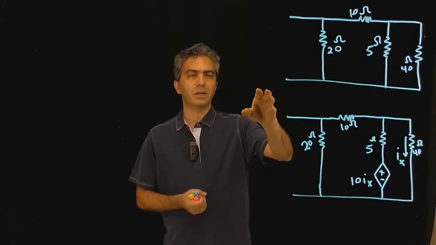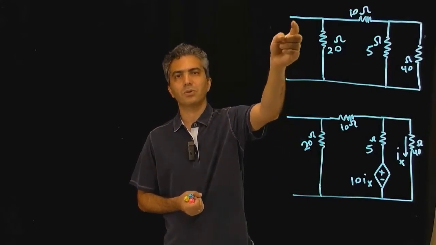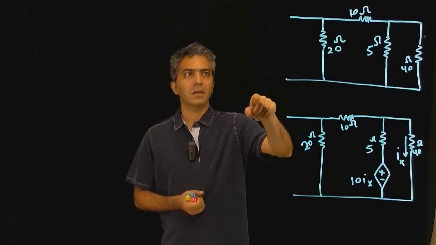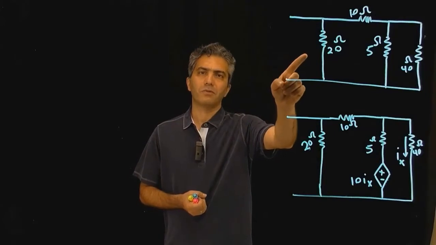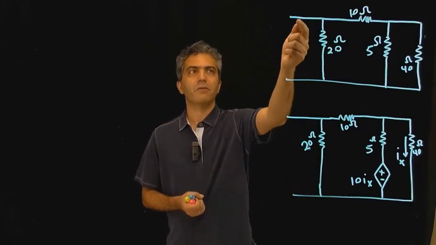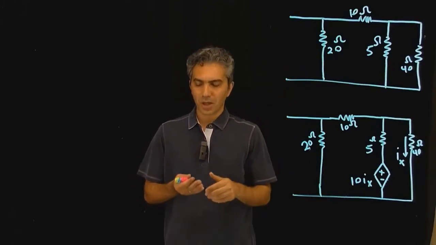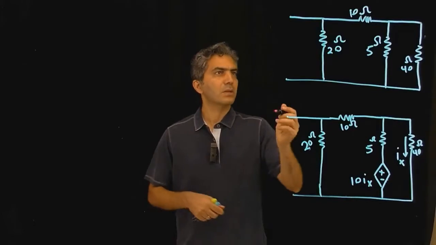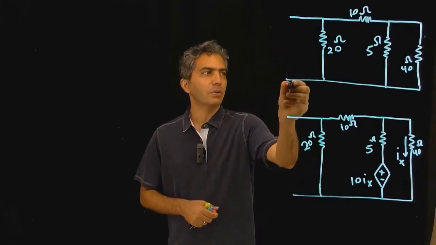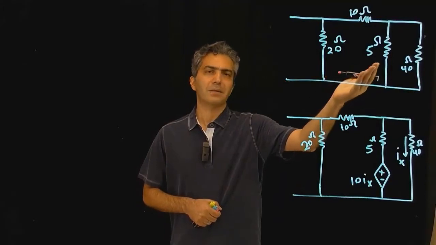First, for both of the cases, we either calculated the open circuit voltage or the short circuit current. If you calculate the open circuit voltage, that would be equal to your Thevenin voltage. If you calculate your short circuit current, that would be your Norton current. Now, if you notice, if I leave this circuit open and look at this circuit, it's just a network of passive resistors.